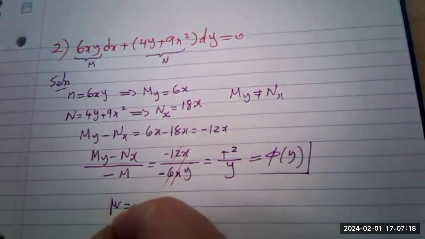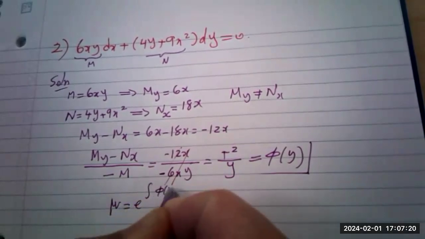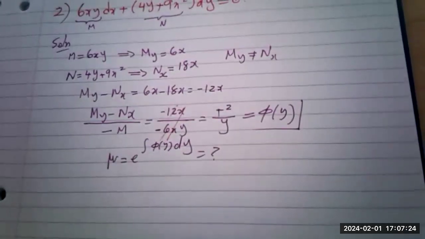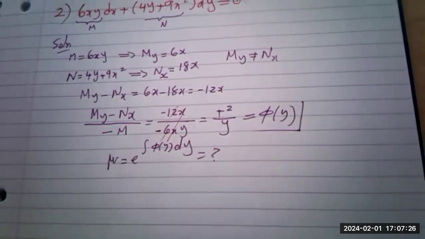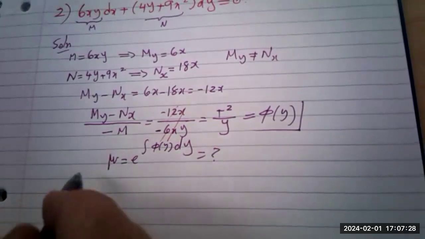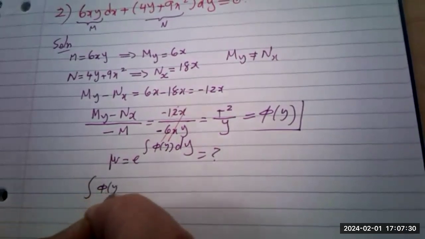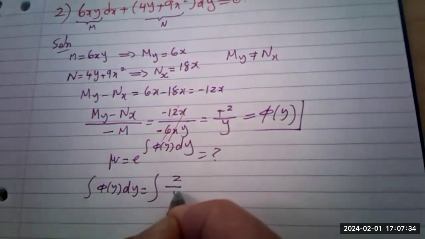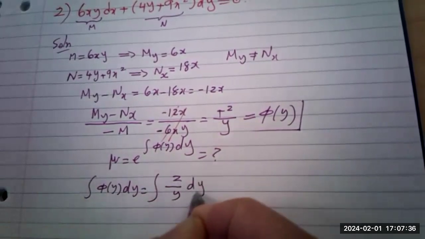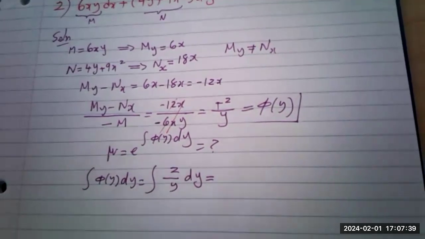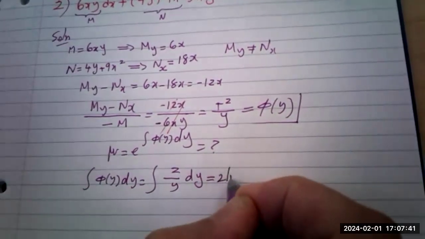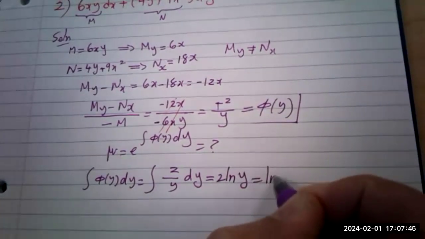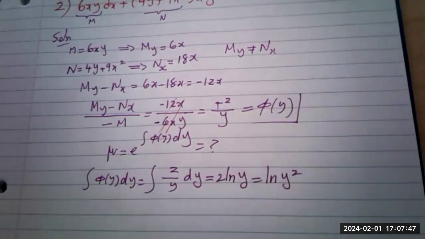Now we know that we have mu equal to e to the integral of h of y dy. That would be our integrating factor. Start working on the integral of h of y dy first. So the integral of 2 over y dy, you know that gives you 2 ln y, move the 2 up, ln y squared.